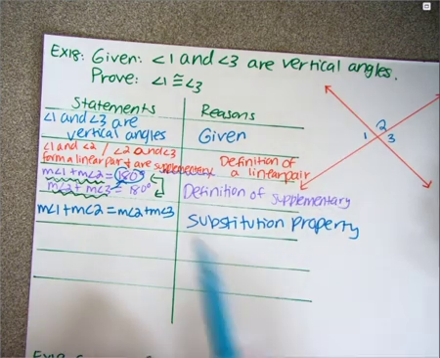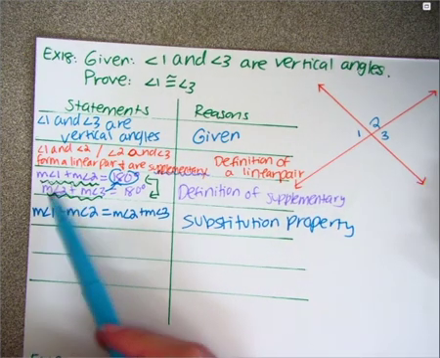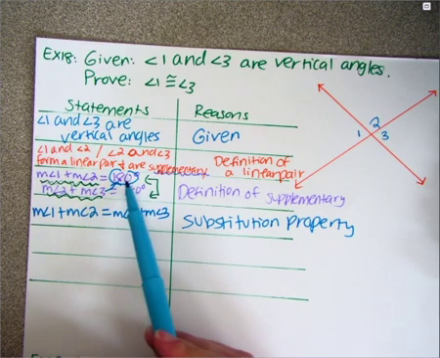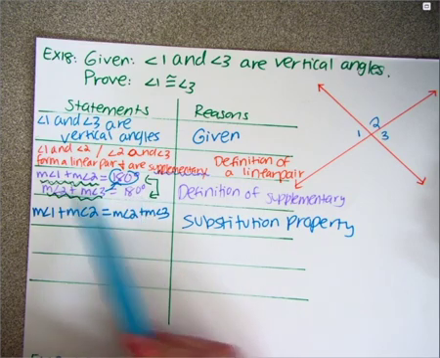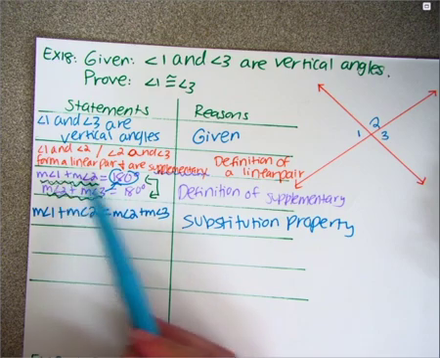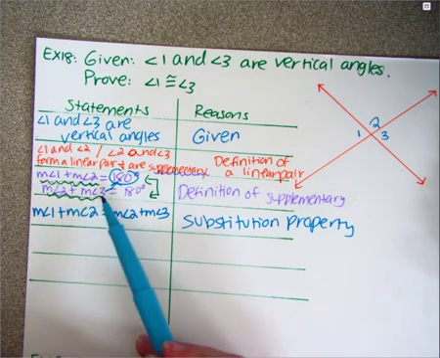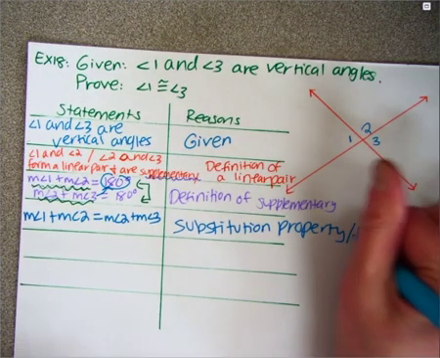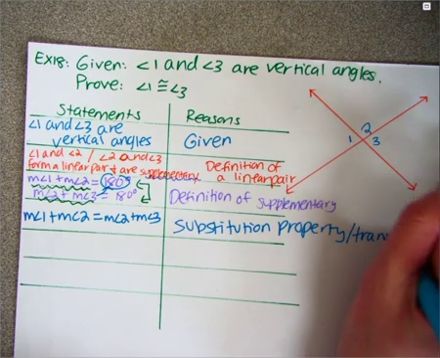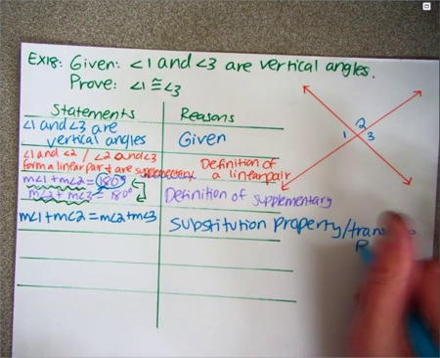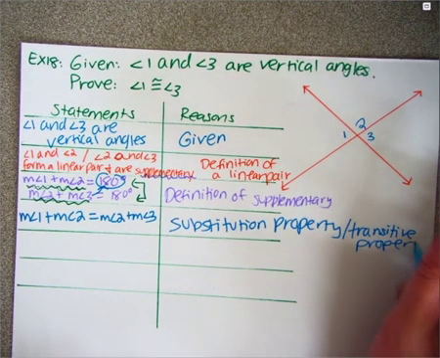Now this one, you could also use the transitive property because you could say if 1 plus 2 equals 180 and 180 equals 2 plus 3, then 1 plus 2 equals 2 plus 3. So it's also kind of the transitive property. It's got that transitive flow that we're looking for. So you could also say transitive property on that line.